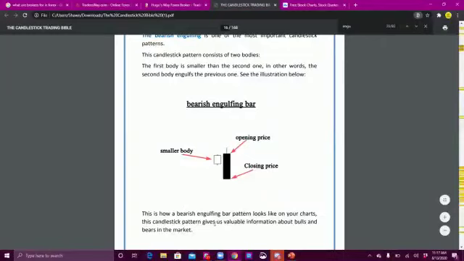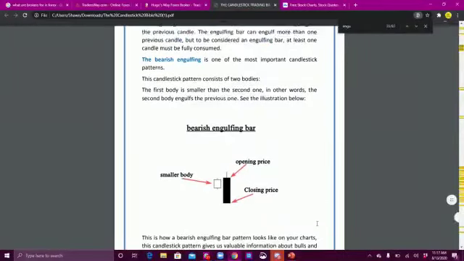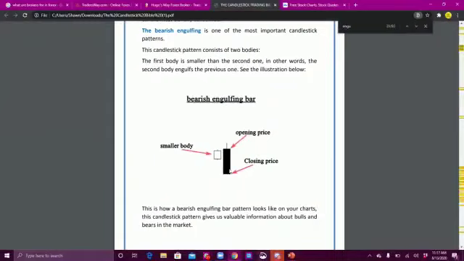The candlestick pattern gives us valuable information about bulls and bears in the market, blah, blah, blah. What it really means is if you have this candlestick pattern and the direction on the higher time frame that we're looking at is taking us in the bearish direction, and we see more black candles, that is a good confirmation.